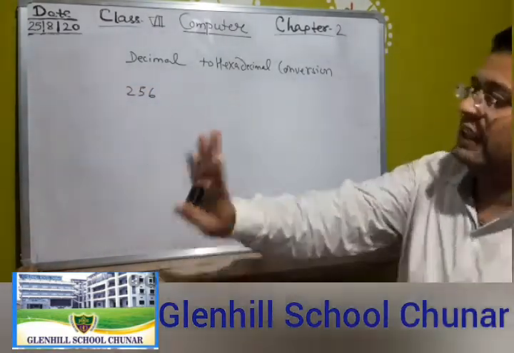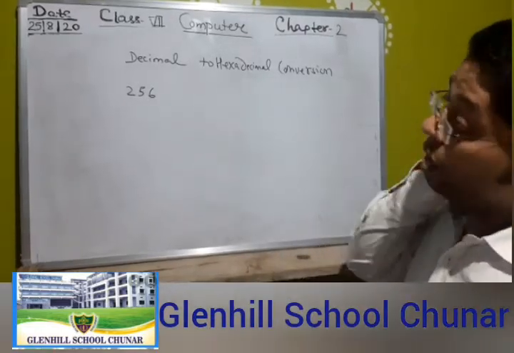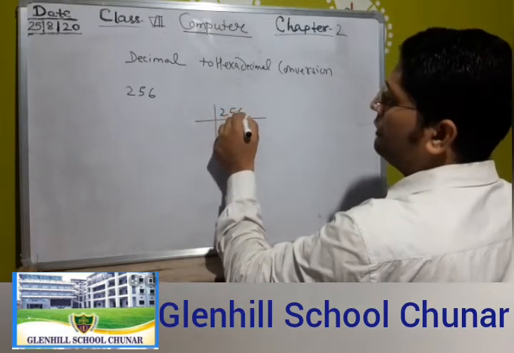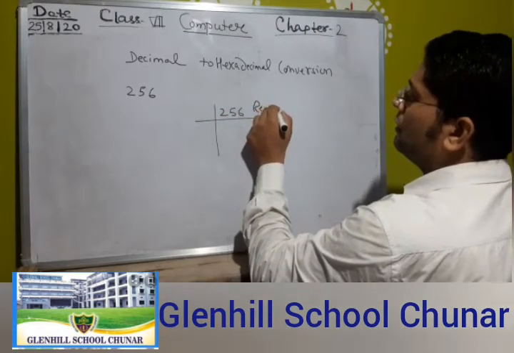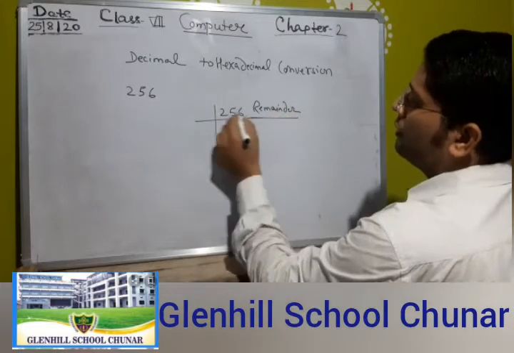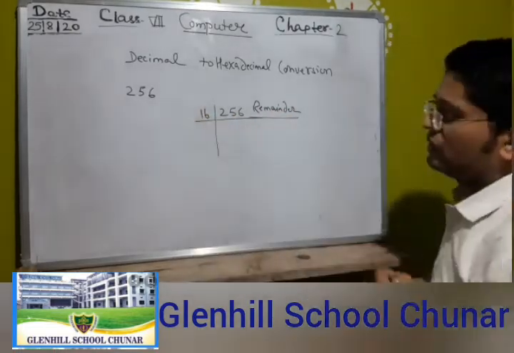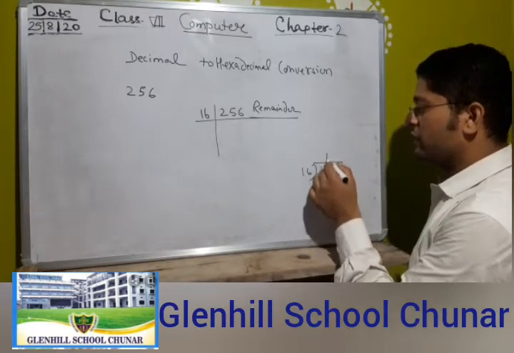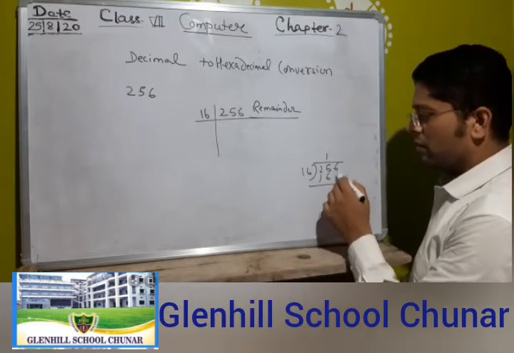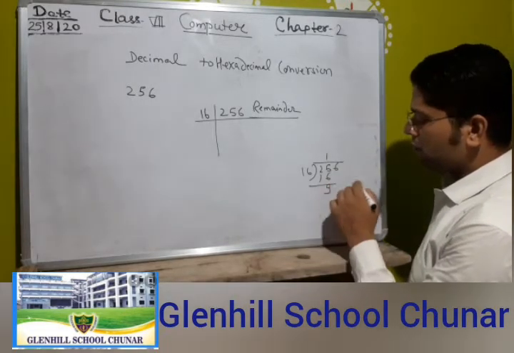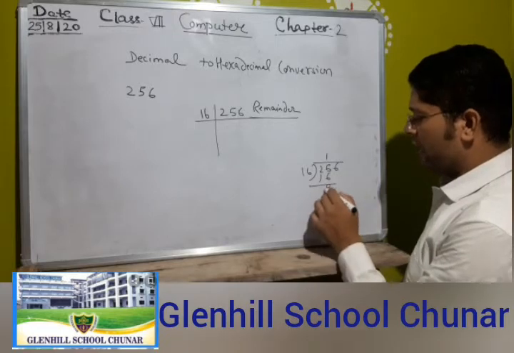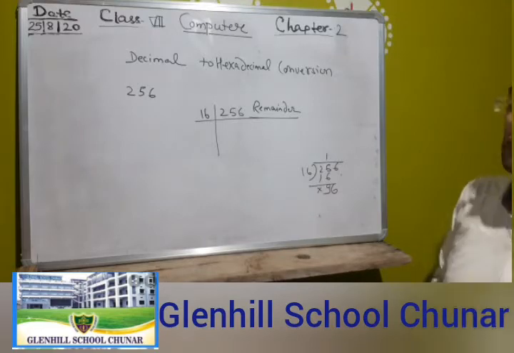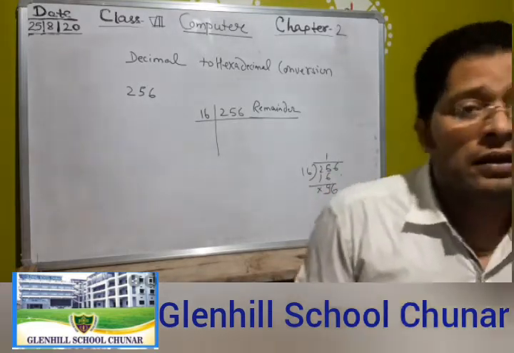256 is a decimal number. Okay. So how will we convert the decimal? Look, 256 right here, divide by 16. So 16 1s are 16 and remainder 9. Okay. And here 6. Okay. So that 16 5s are 80.